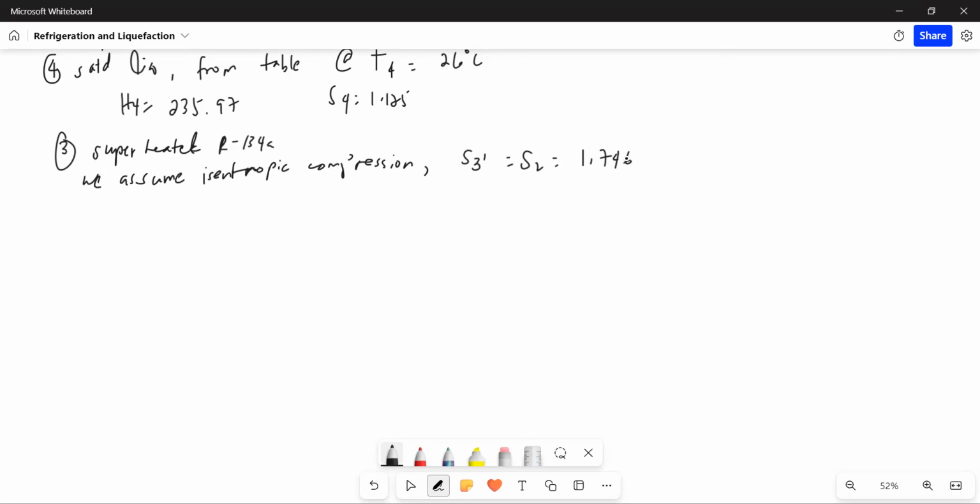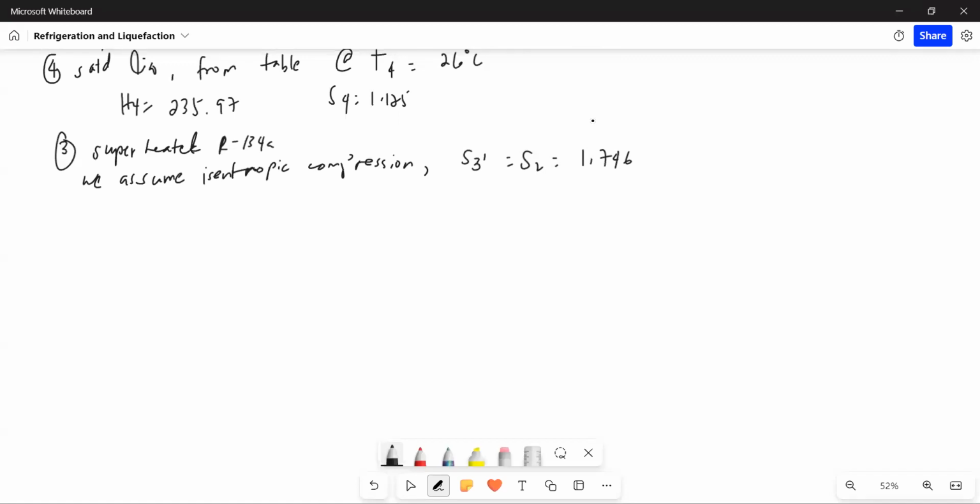So the next step is to use the pH diagram since we're dealing with superheated tetrafluoroethane. Let me show that diagram.